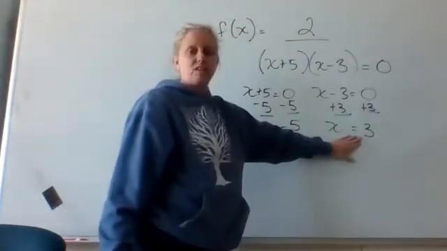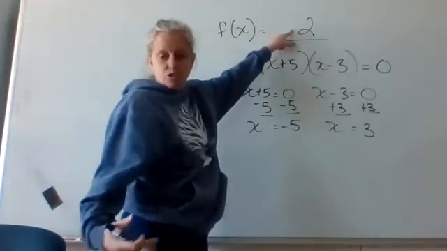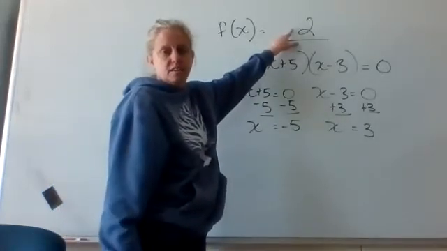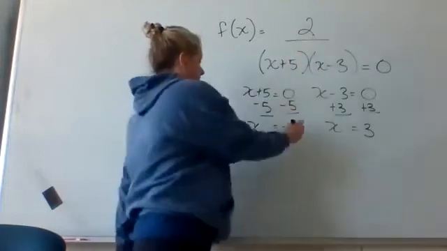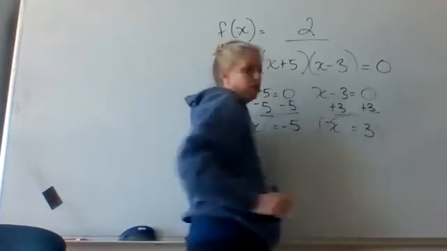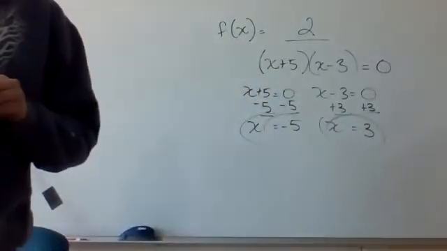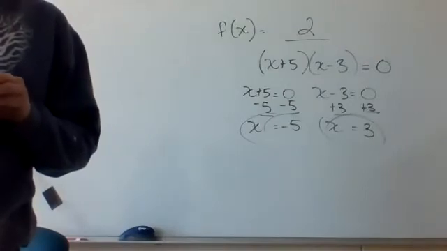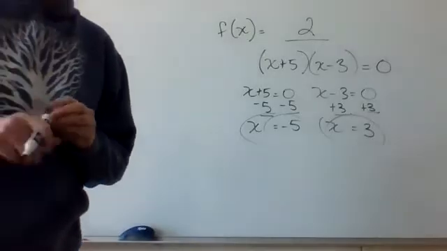So -5 and 3 are the zeros of the denominator. Again, you do have to double check. The numerator's not going to have any zeros though, because it doesn't have an x. So those are both vertical asymptotes. Right, number 8.